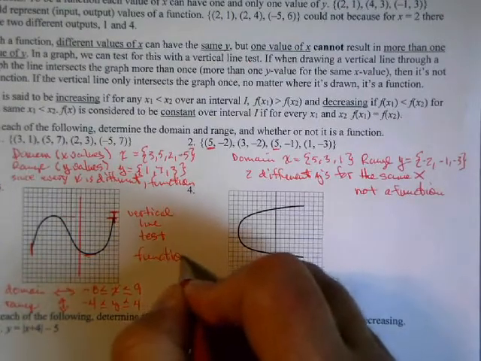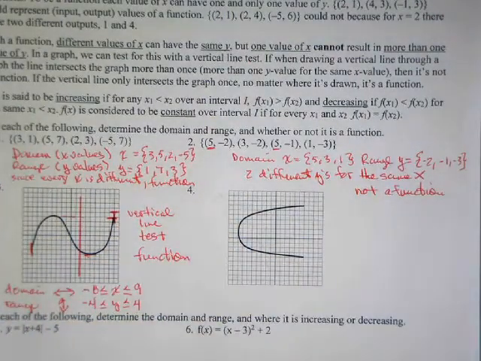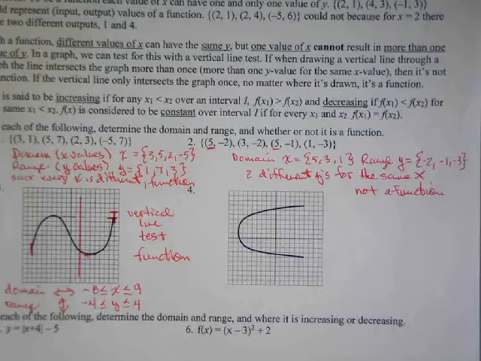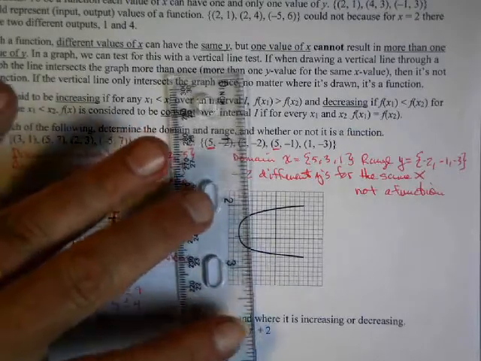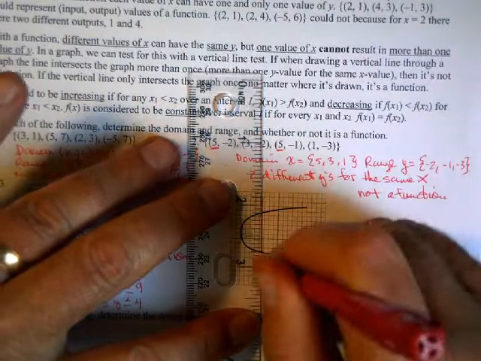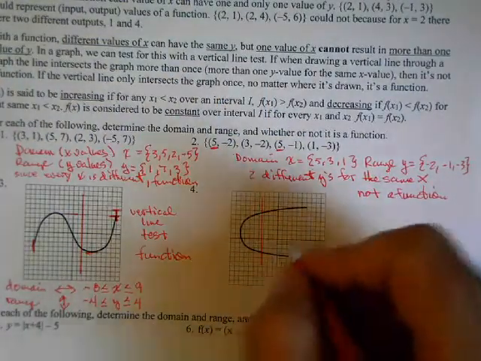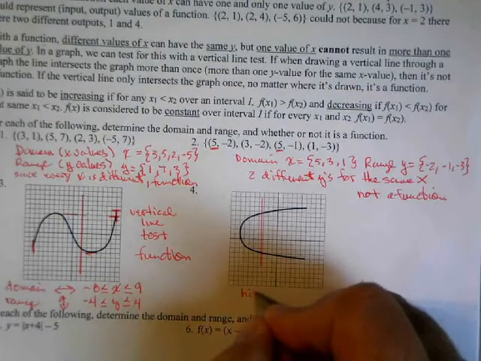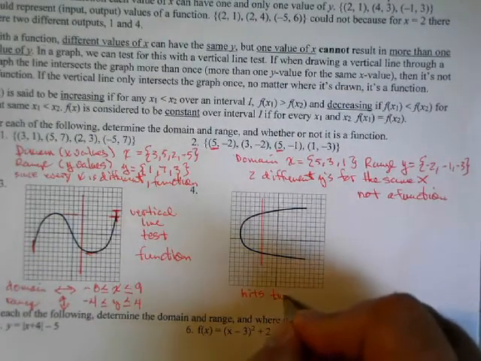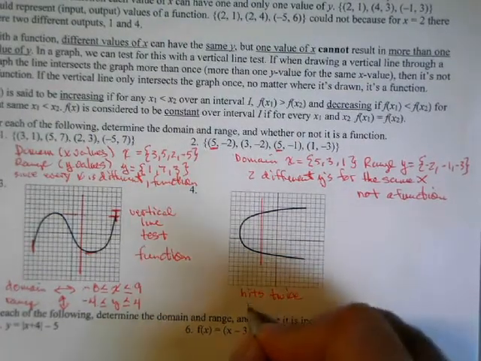And it doesn't matter that in some places you can only hit it once. If anywhere on your graph it hits more than once, then it would not be a function. So over here, as an example, if I draw a vertical line, okay, hits twice, so not a function.